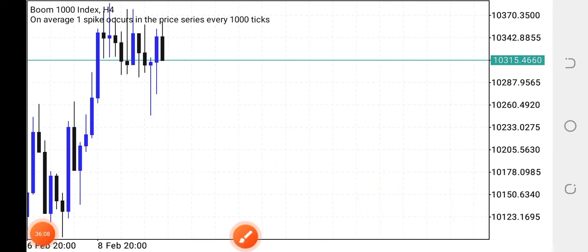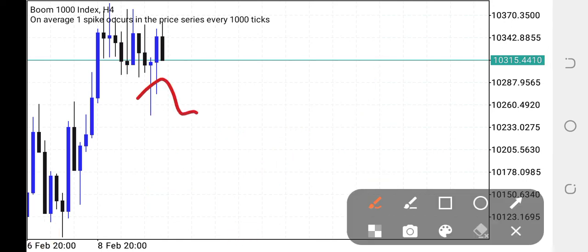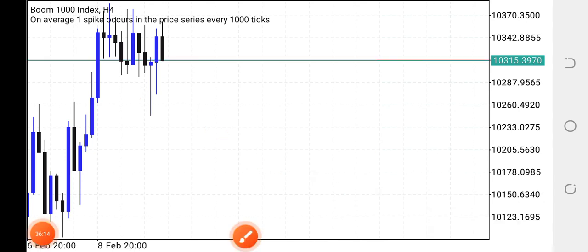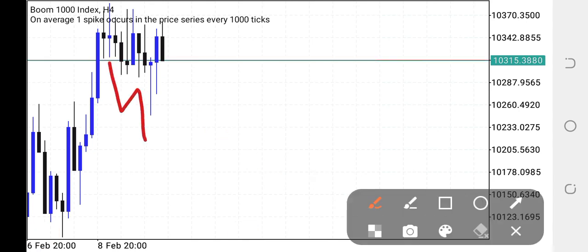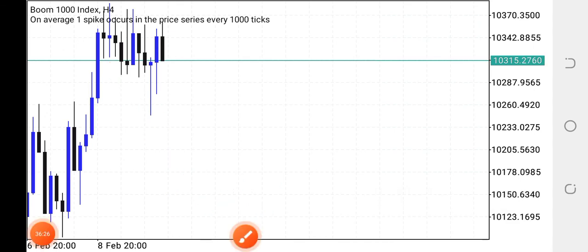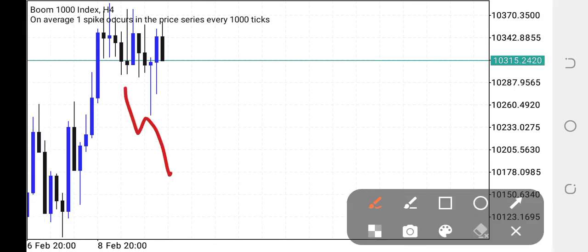First of all, we want to see price sloping from a downtrend, then it comes to form this pattern. Sorry, let me draw this. It doesn't matter how the drawing looks. If I don't get it right, just understand what I'm trying to say.